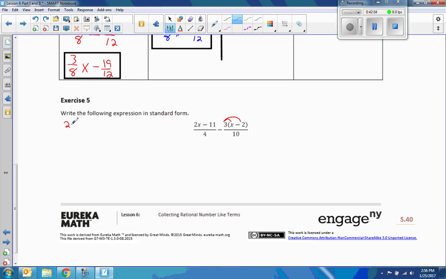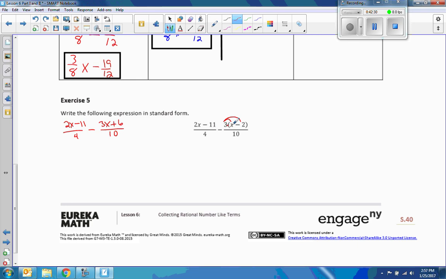I'll start over here. So I have (2x minus 11) over 4 minus 3 times x minus 3 times a negative 2 is a positive 6, over 10. If I get rid of those parentheses, you've got to watch that sign.